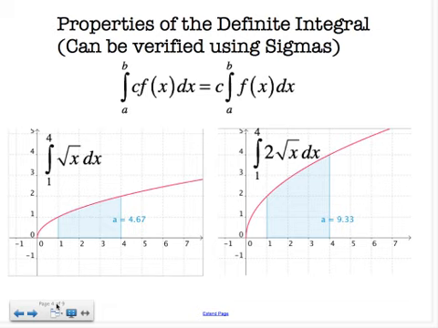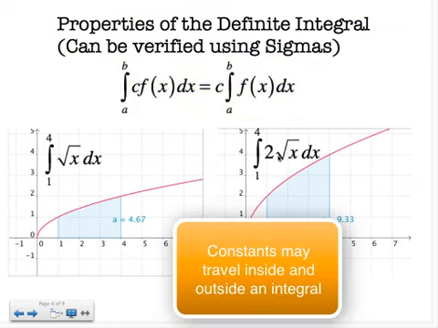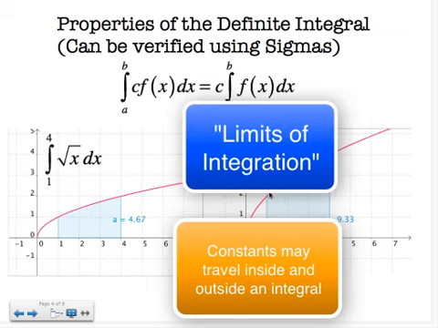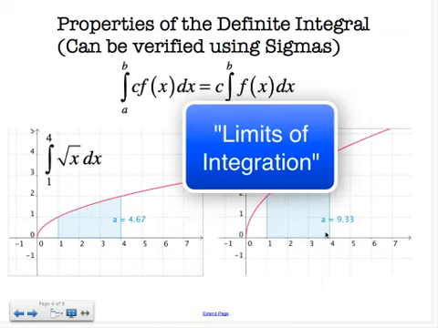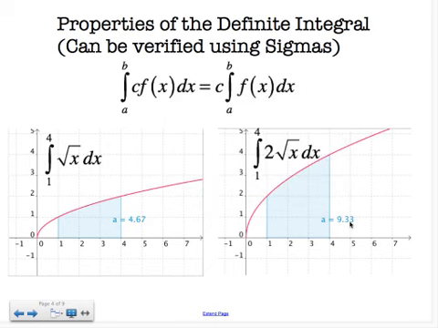Now, as we get working with integrals instead of sigmas, there are some properties that we have to accept and be comfortable with. So the first one says that if I have the integral of a constant times a function, it's the same thing as pulling that constant out in front and then doing the integral. So if we think about this in terms of areas, this is saying that if I have the integral from 1 to 4 of 2 times the square root of x, here's the square root of x times 2, here's the area from 1 to 4 in blue, and it comes out to be 9.33.